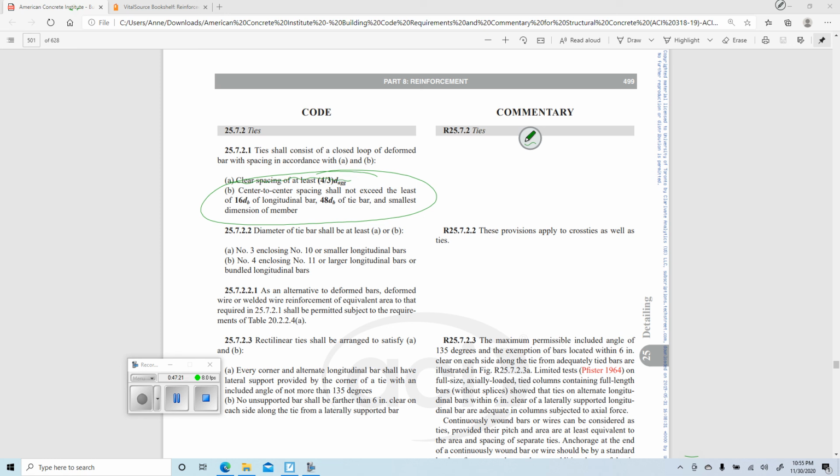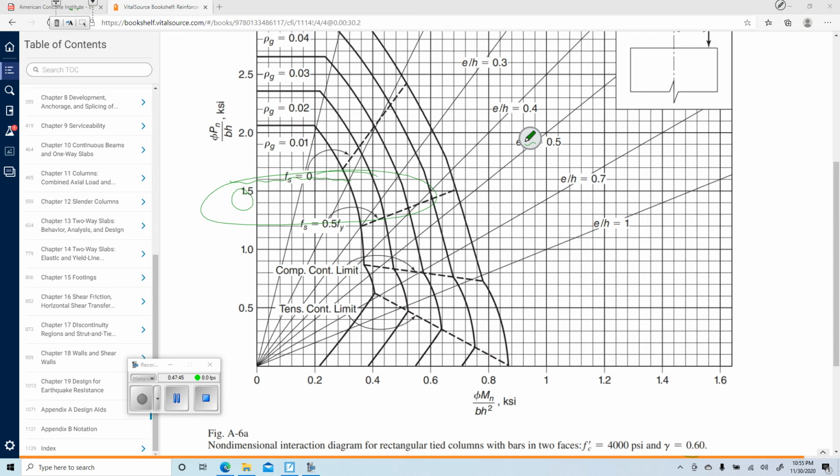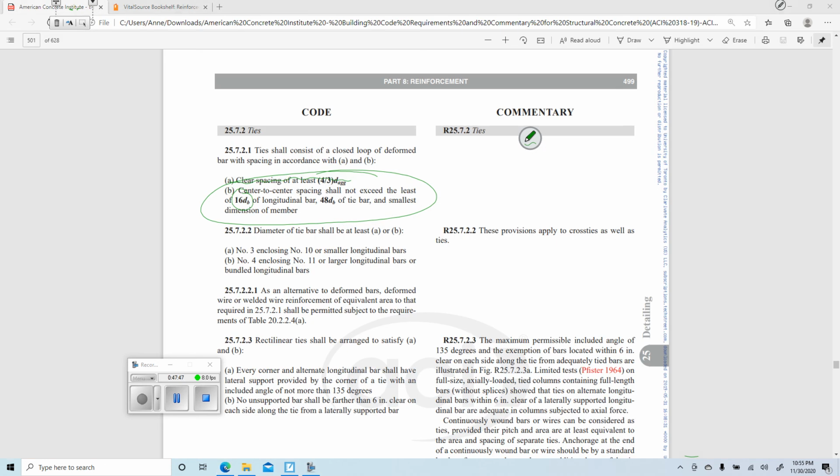So center to center should not exceed 16 times dB of the longitudinal bar. So let's see. It says center to center spacing shall not exceed the least of, so I need to find the smallest.